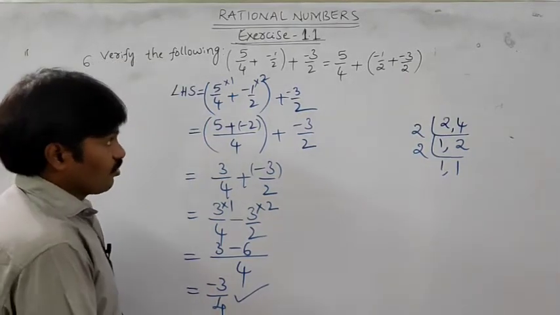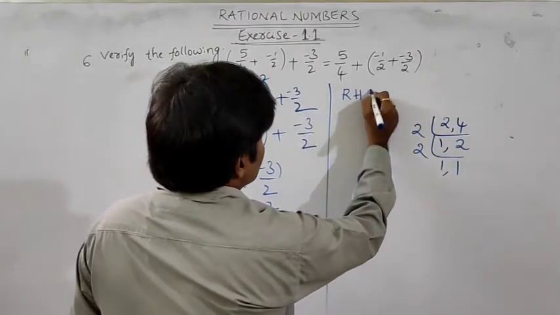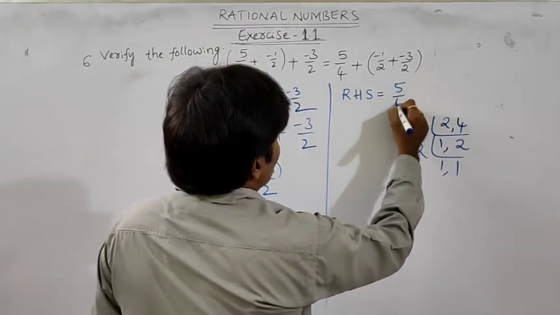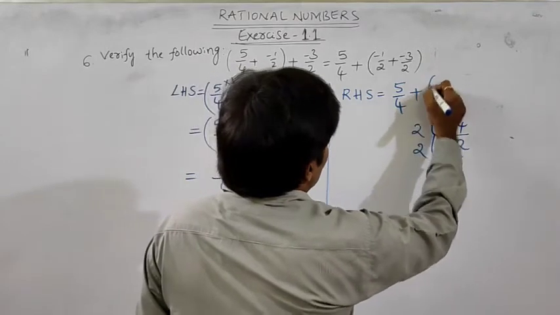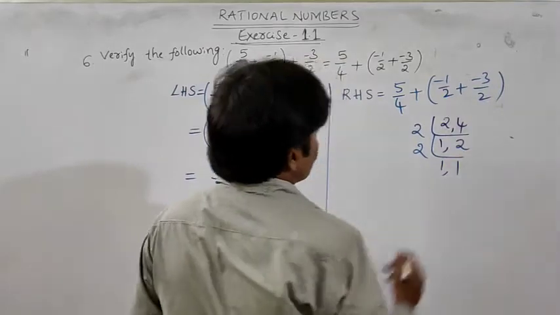Now I am going to simplify the RHS, that is the right hand side part. What is RHS? 5 by 4 plus (minus 1 by 2 plus minus 3 by 2).